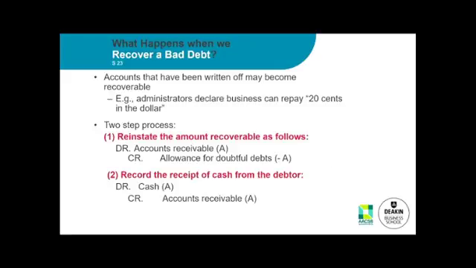And then we record the amount of cash that we have received from the debtor. And we then reduce the accounts receivable by that amount. So in this case, we don't adjust our bad debts expense at all.